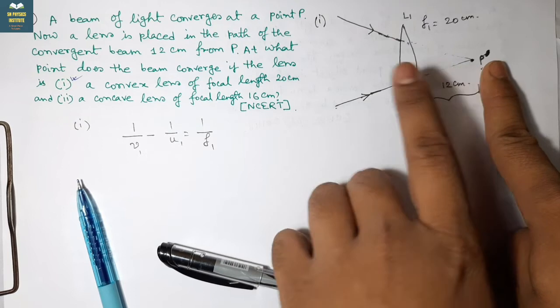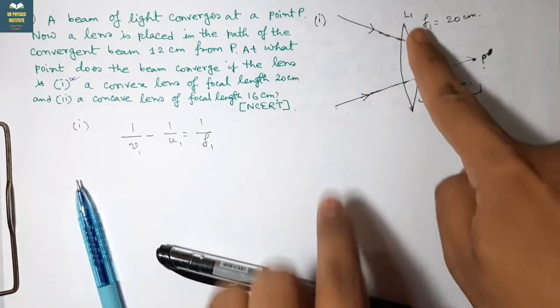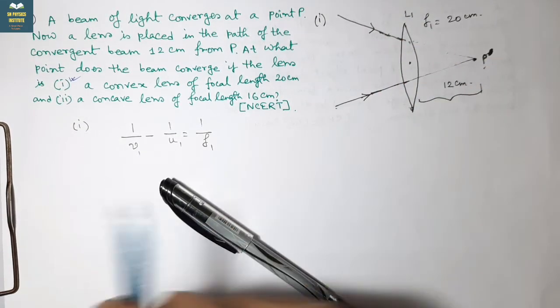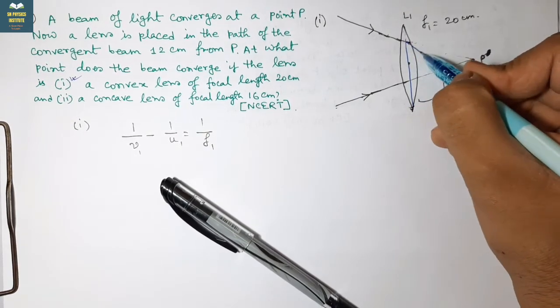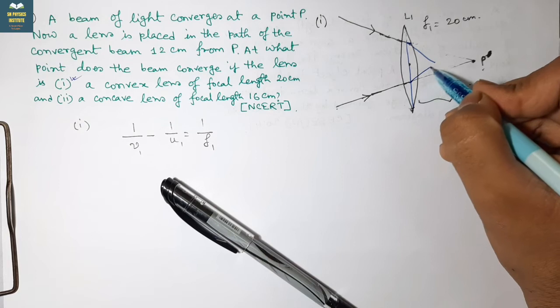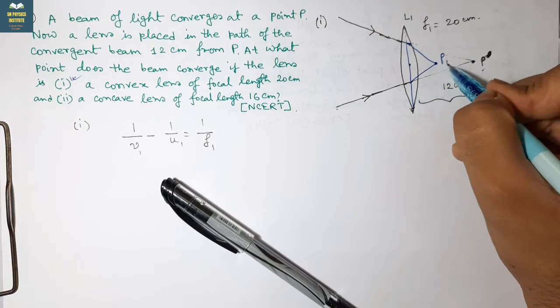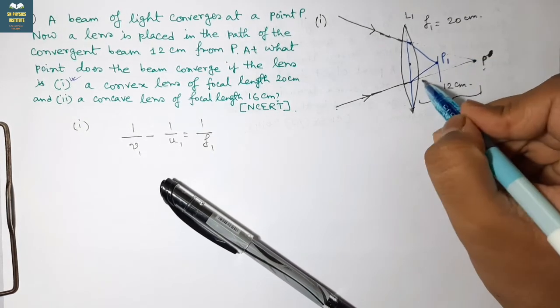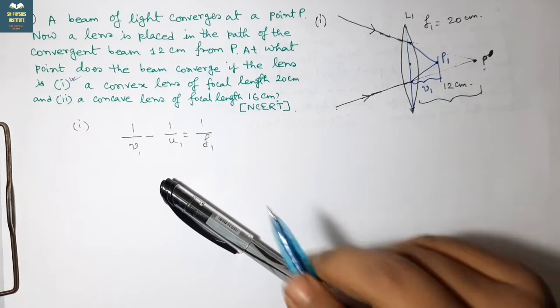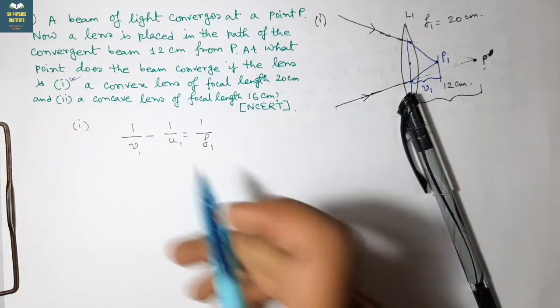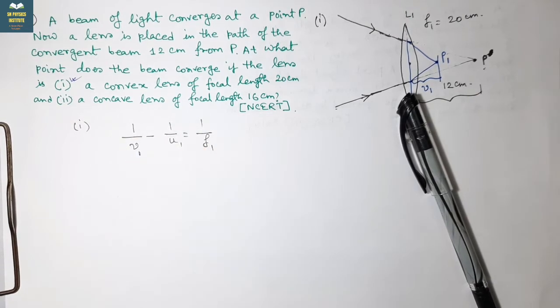But due to this convex lens, after refraction through the lens, suppose the rays meet at this P1 point. So you have to find out this P1 distance from the lens. This is your V1, so V1 you have to find out.